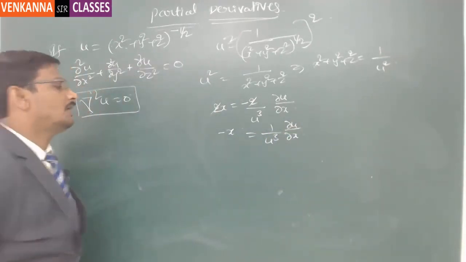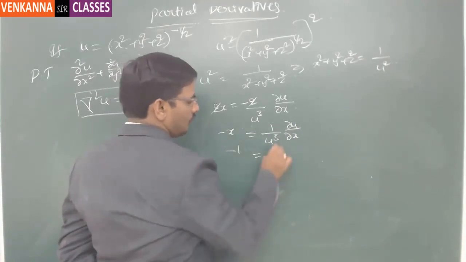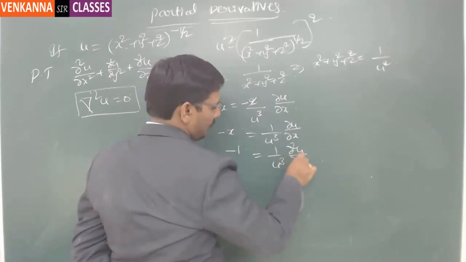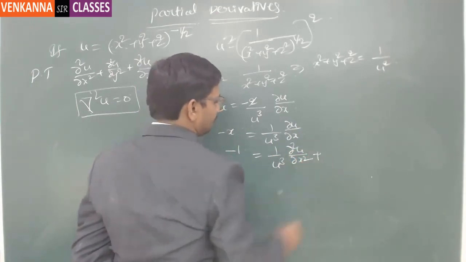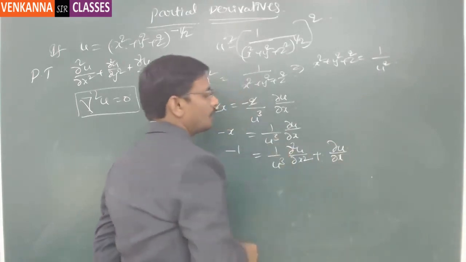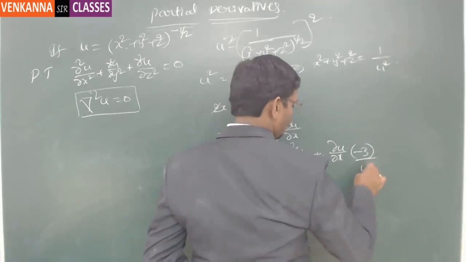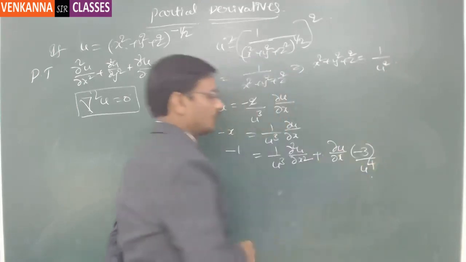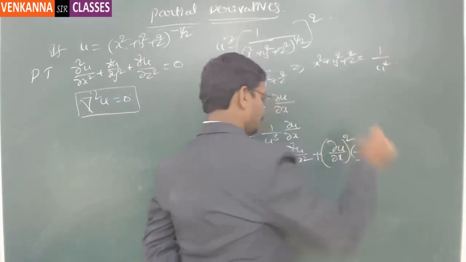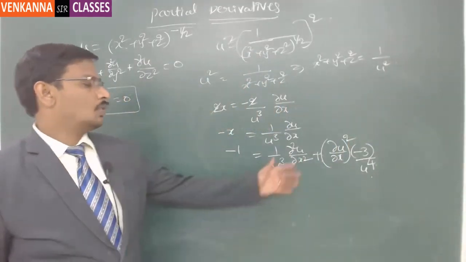Similarly, if you do the derivative again, this will be minus 1 is equal to 1 by u cube into dou square u by dou x square plus dou u by dou x into the derivative of 1 by u cube, which will be minus 3 by u power 4, and then dou u by dou x square.